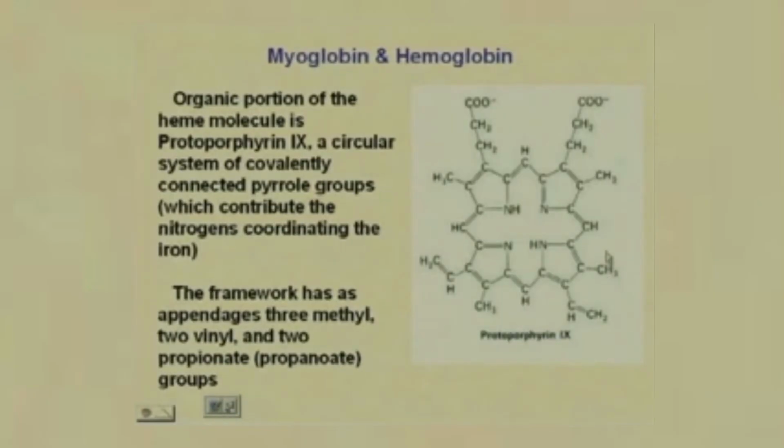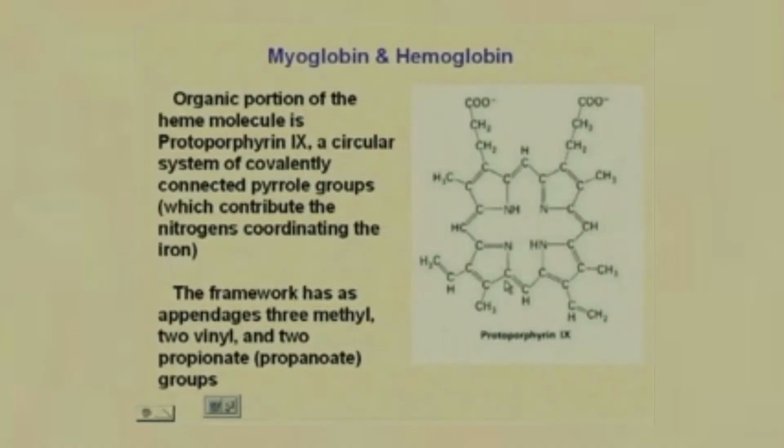There are 2 vinyl groups, CH=CH2, CH=CH2, and there are 2 propionate groups, CH2CH2COO minus, CH2CH2COO minus. So this is the organic portion of the heme molecule.